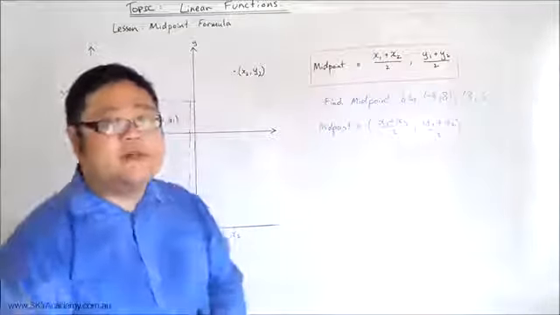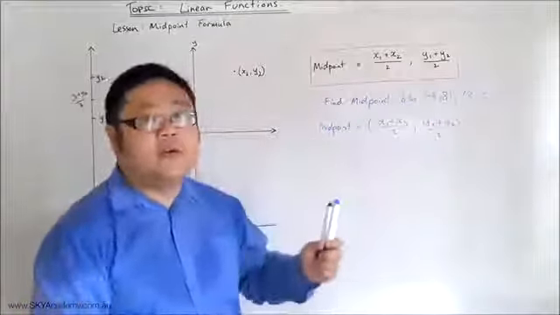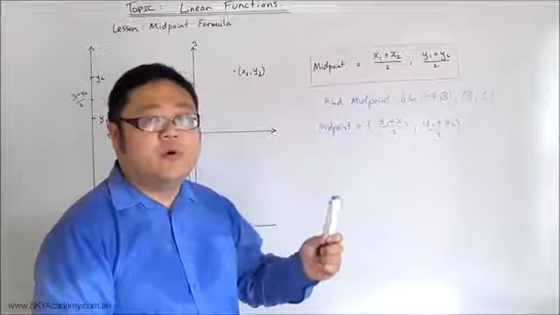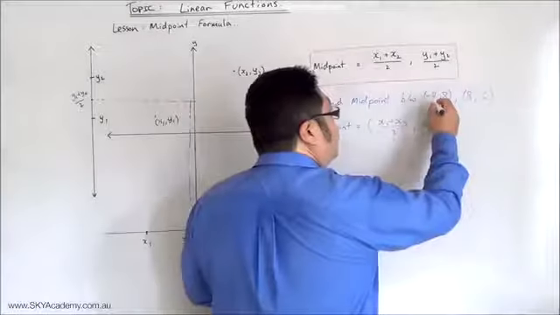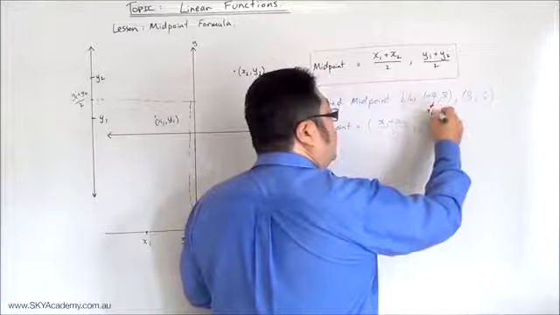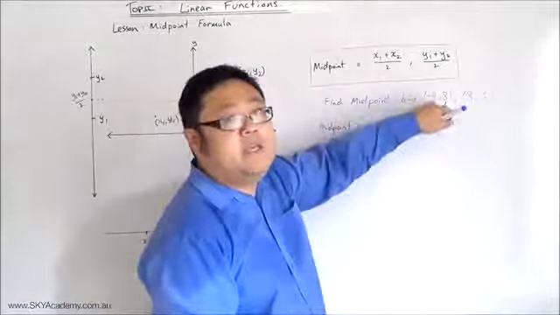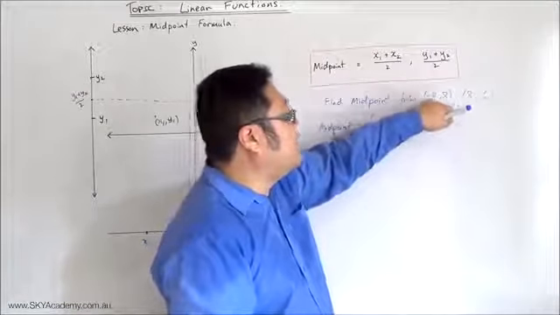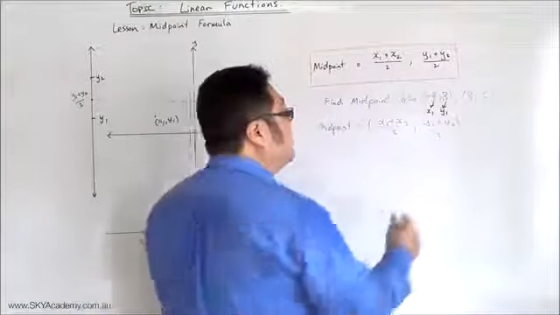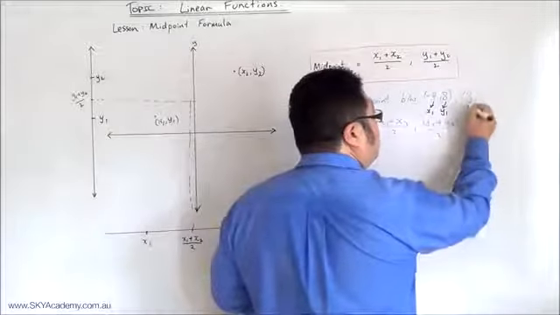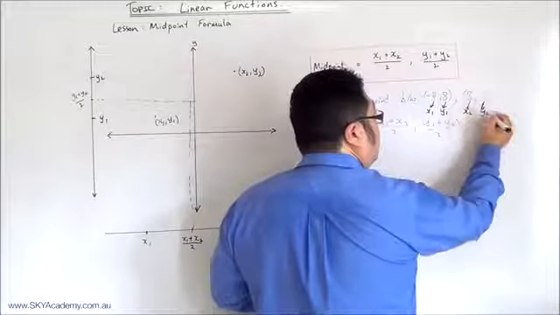And we would first have to work out what is x1, what is x2, what is y1, what is y2. Well, this point here would be x1, y1, because this point here is point 1, and you've got your x and y coordinates, and this point here is point 2, so it'd be x2, y2.